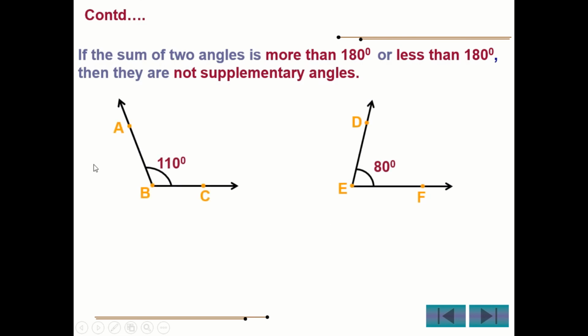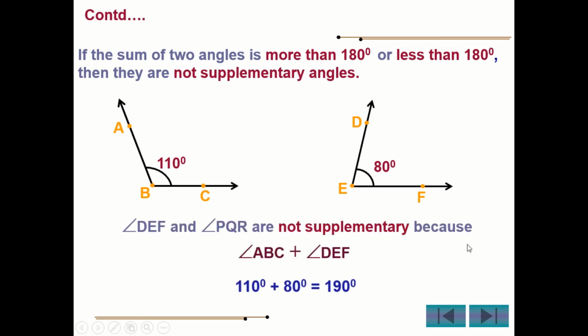How about this? Angle ABC has a measure of 110 degrees. Angle DEF has a measure of 80 degrees. What is the sum? 190, therefore not supplementary.